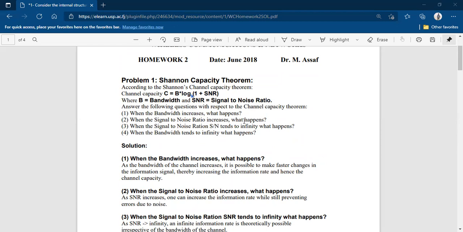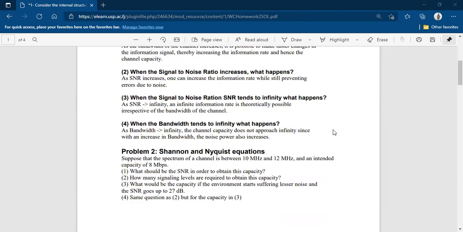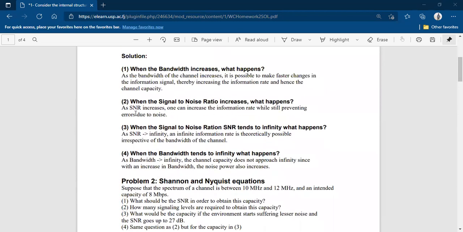All of you know how a log graph looks; it is going to keep increasing. Based on that, if the SNR increases to infinity, an infinite information rate is theoretically possible, irrespective of the bandwidth of the channel.